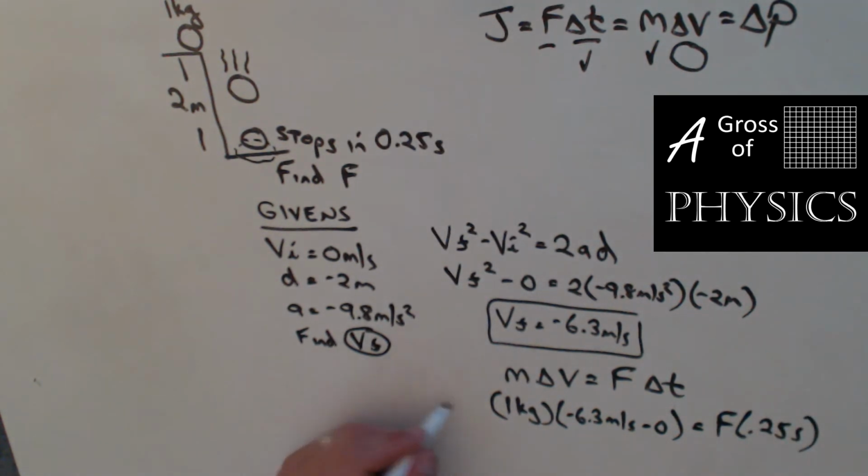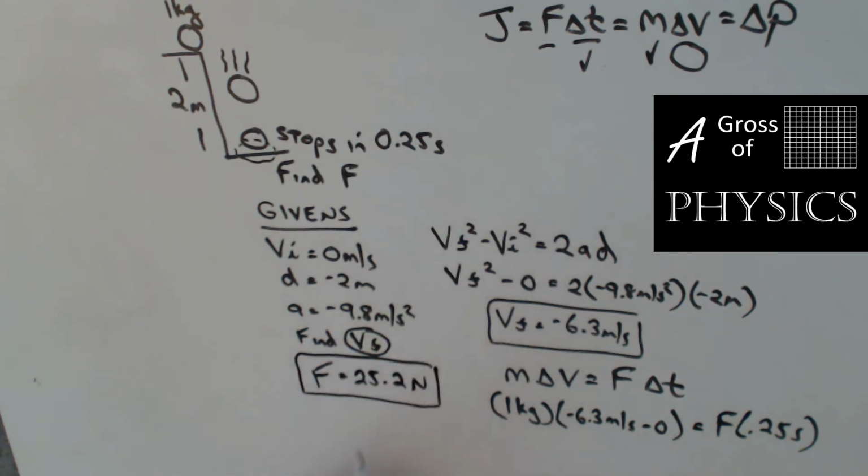So, when we multiply 1 times 6.3, that becomes a negative because of the -6.3, and then divide it by 0.25, you get a force of 25.2 newtons. So the force applied by the ground is 25.2 newtons.